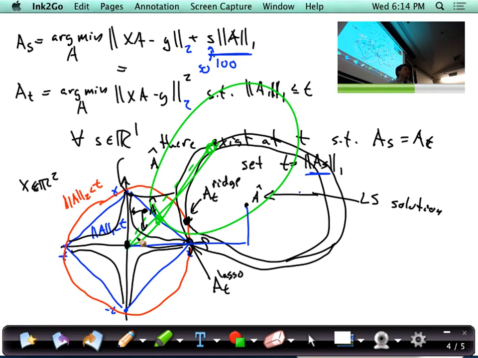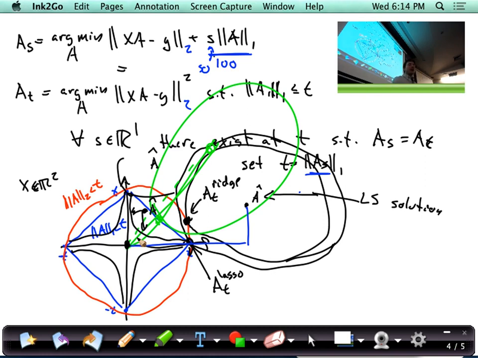Okay, and then when I let t be a little bit bigger, what do you think is going to happen when t gets a little bit bigger than 0? Yep. Will you get a lot of solutions at the 4 points? Yeah. You have to keep in mind, in higher dimensions it's more complicated, but yeah.